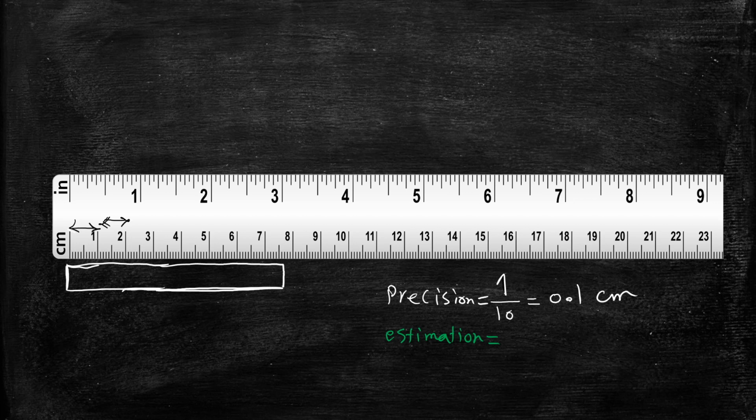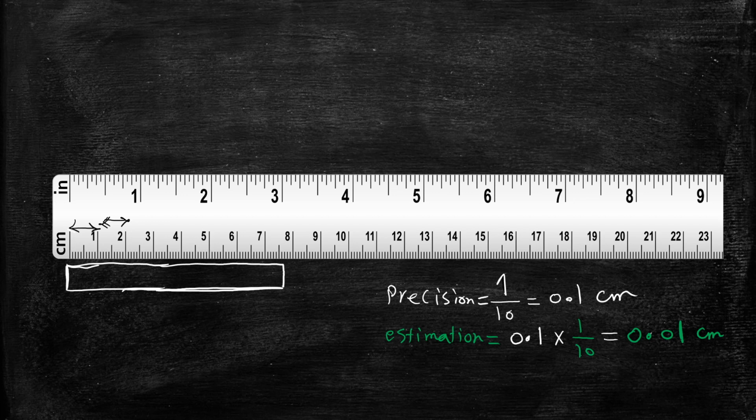So if the precision of the device is 0.1, now our estimation has to be multiplied by 1 over 10, which is 0.01 centimeter. So that is going to be our own estimation, on the order of 0.01.